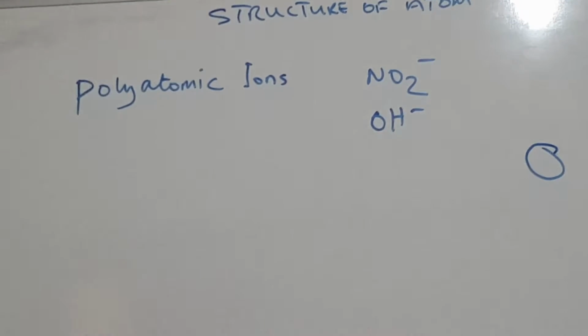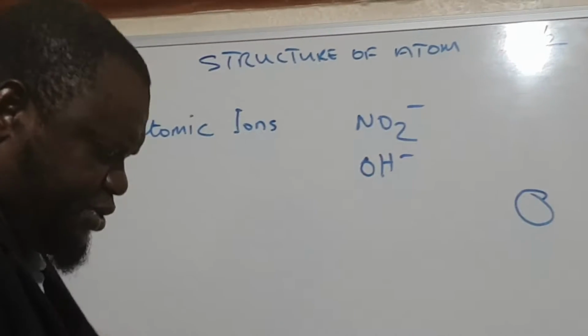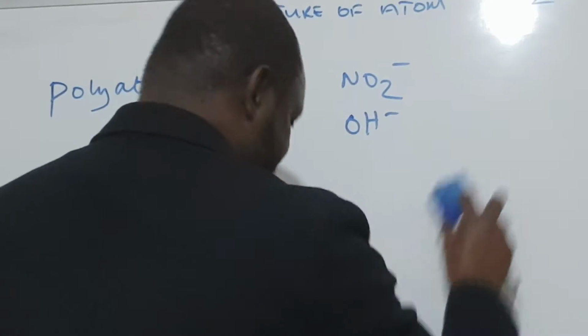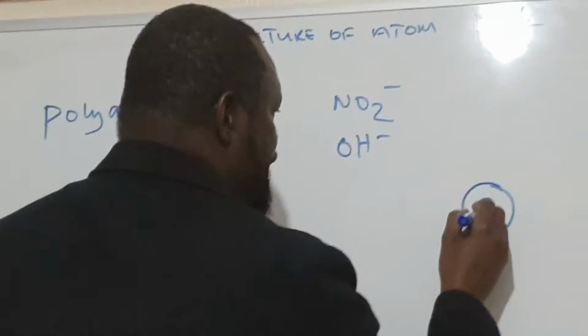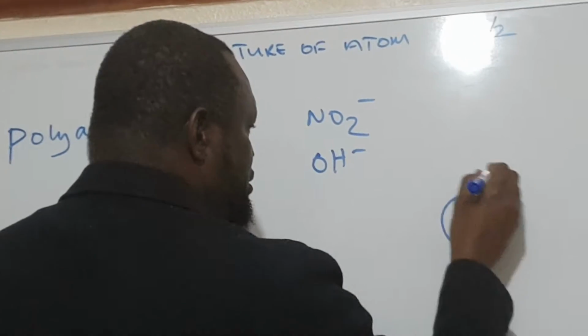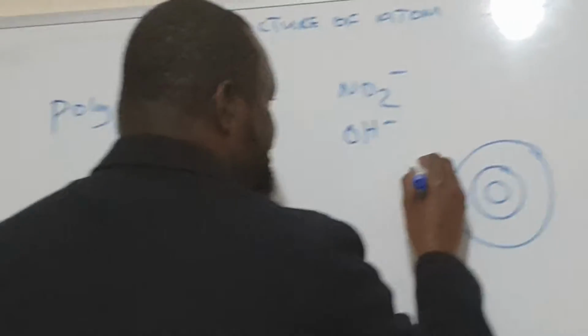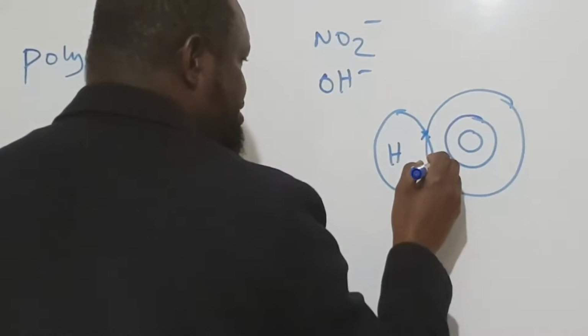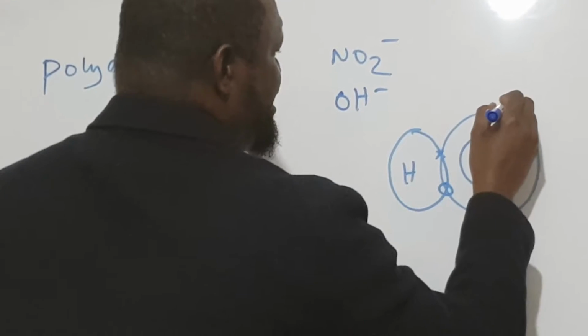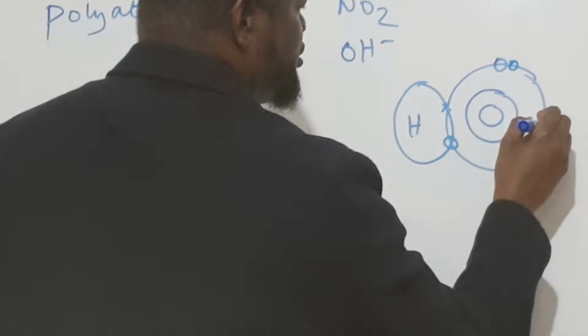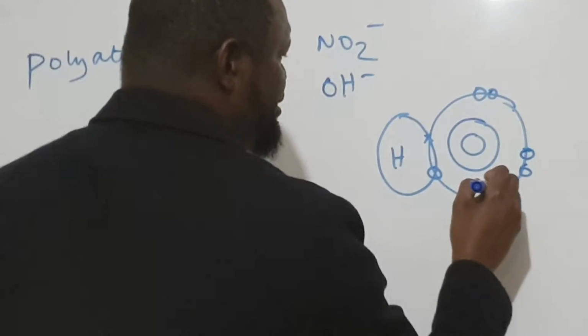I don't want you to just sit here and memorize. Look, I said our oxygen bonds with hydrogen. Hydrogen has one electron here, oxygen has one here. But oxygen, in its atomic shell, how many electrons does it have? 6.